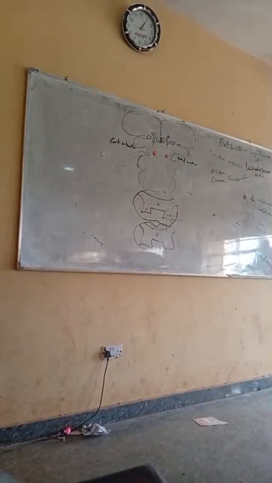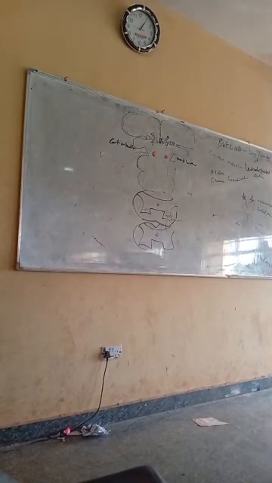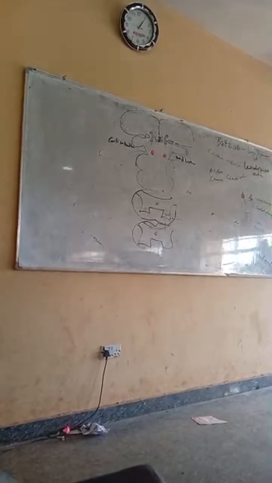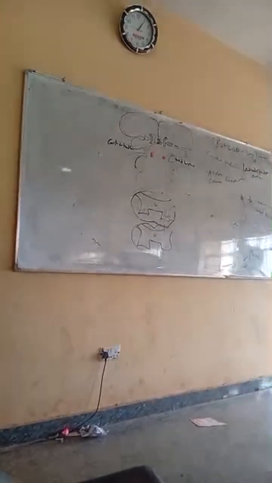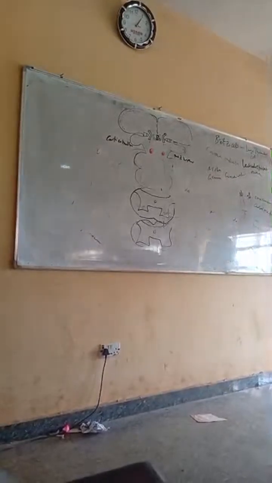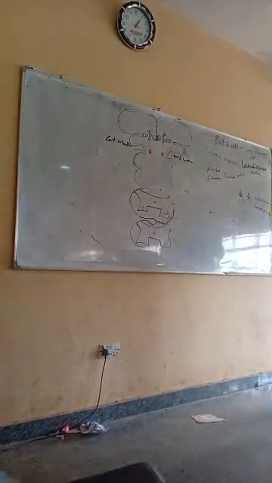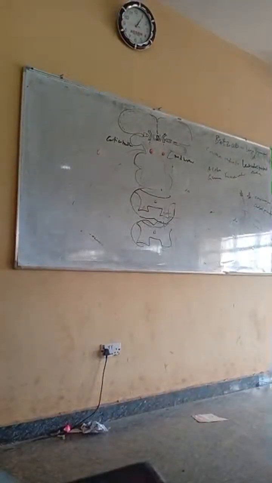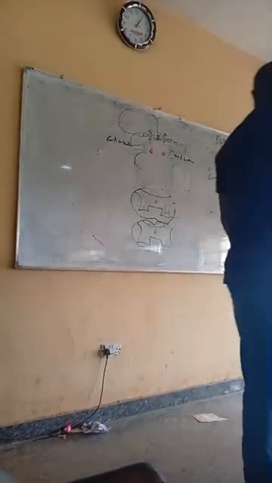Because the lateral corticospinal tract is affected. But you can still carry out movement of your arm because the rubrospinal tract is intact. So the rubrospinal tract is responsible for innervating the flexors of the upper limb.